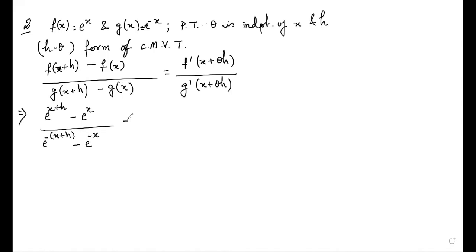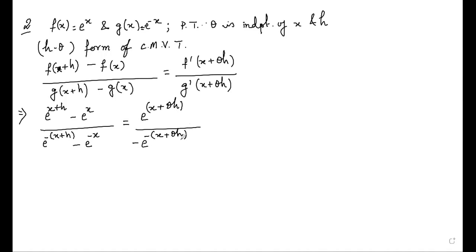Next, equals f dash, which is e to the power of x, so it is e to the power of (x plus theta h). g dash is minus e to the power of minus x, so minus e to the power of minus (x plus theta h).